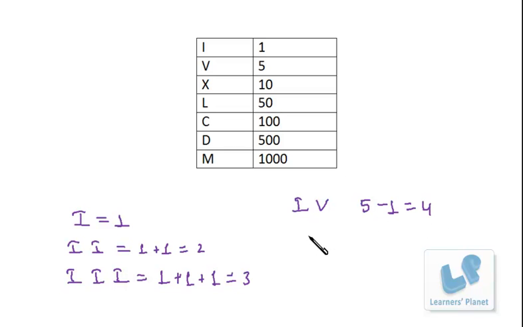Now how do we write 5? That is V only. Now we have to write 6, that is 5 plus 1, so it's VI, that is 5 plus 1, that is 6.